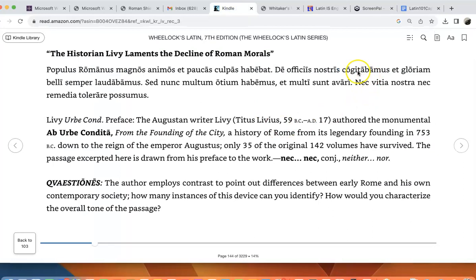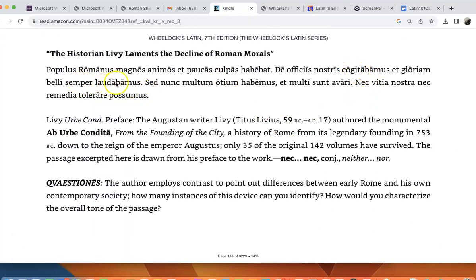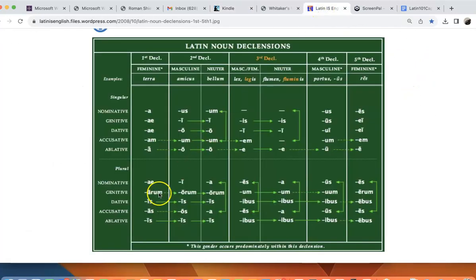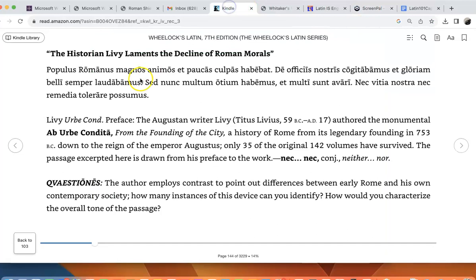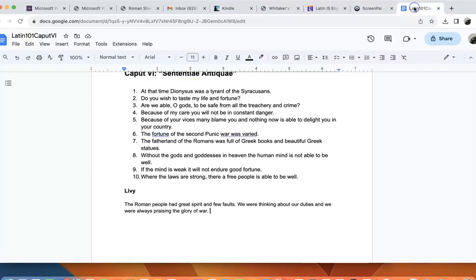We were always praising, semper laudibamos; if something's laudable, it's something praiseworthy. Mus means we were always praising the glory, gloriam, there's our direct object, and then of war, gloriam belli, genitive means of, so the glory of war. But now we have much leisure, much luxury.